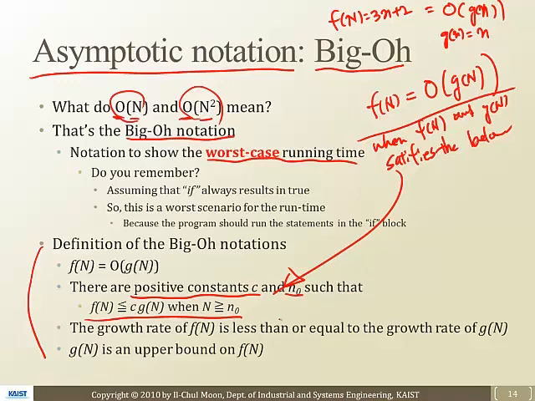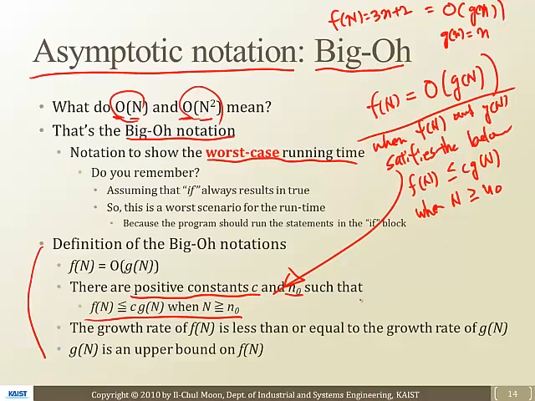So the conditions are, if we write it again, f(n) is less than or equal to c g(n) when n is greater than or equal to n0, right? n0 is going to be a positive constant, right?